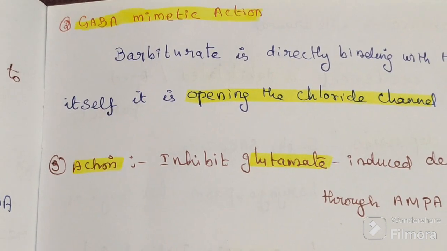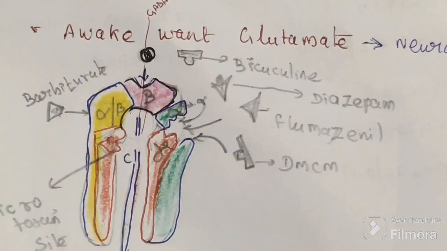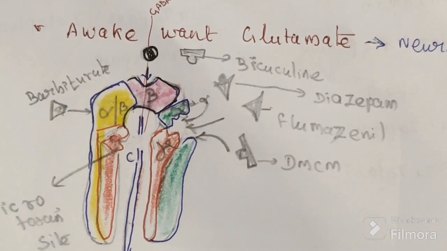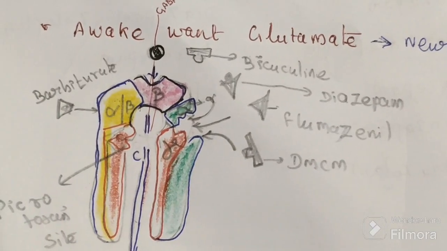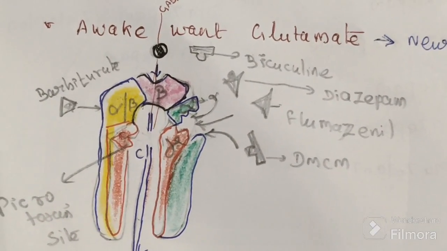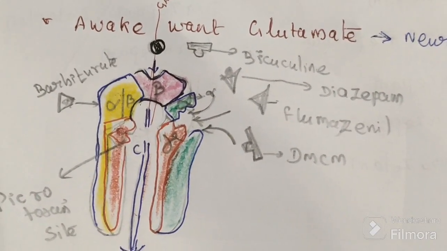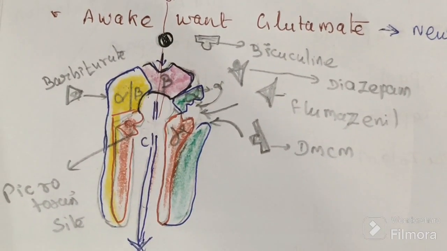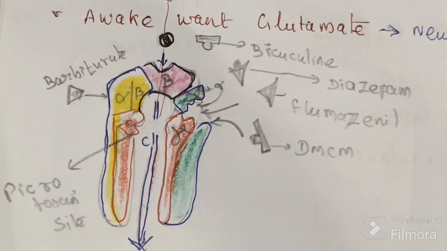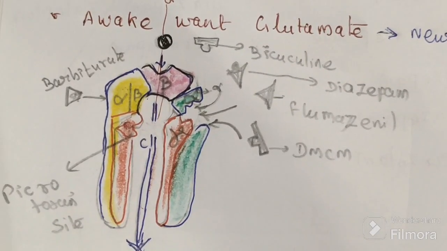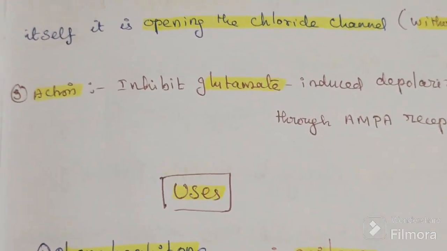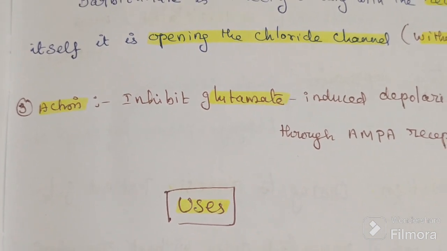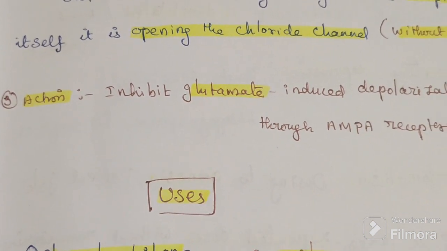So it has a double action. What are the two things? Facilitatory action, it increases the timing. The second one is GABA mimetic action, it opens the chloride channel. So it plays a double role here. The third action is it inhibits glutamate.